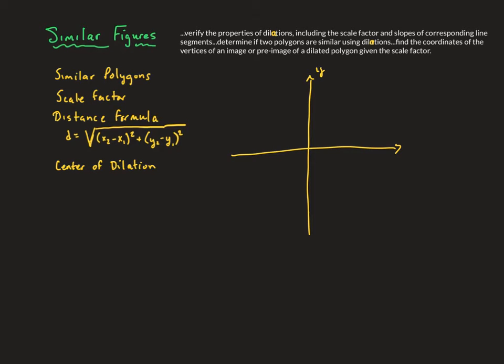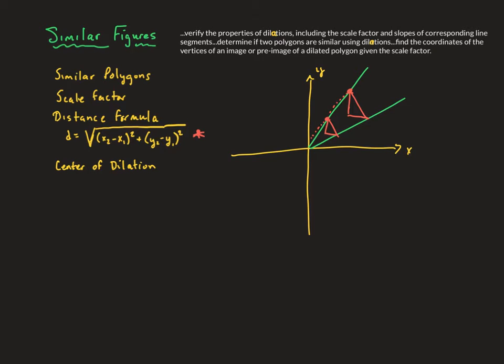So we have to remember that when I'm trying to figure out a dilation, or how something has changed, and my image goes from right here to right here, this distance that I'm going is one value, and then I get to this other value, that is going to be my vertices, maintaining that from the center of dilation. What I'm going to be using is the distance formula, because that allows me to determine lengths on the coordinate plane.